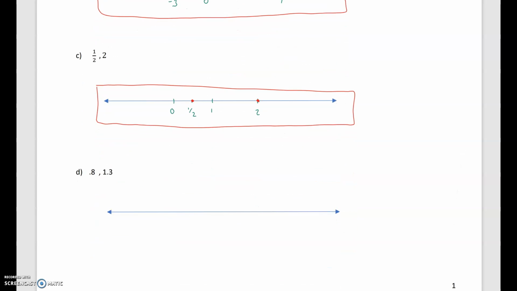Let's take a look at the next one. So in this situation, I'm just going to put that this is 0, this is 1, this would be the value of 2, this would be 1.5, and then 1.3, and then 0.8 is just going to be, so 1, 2, 3, 4, 5, 6, 7, 8, oh shoot, okay, so not to scale, but 1, 2, 3, 4, 5, 6, 7, 8, 9, and 1.